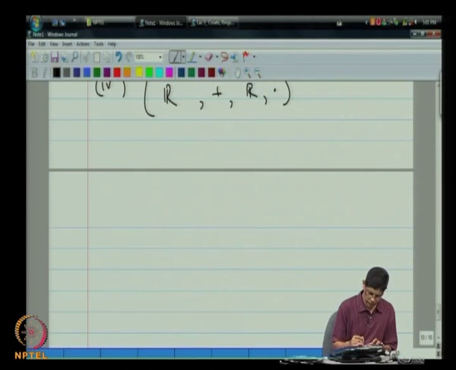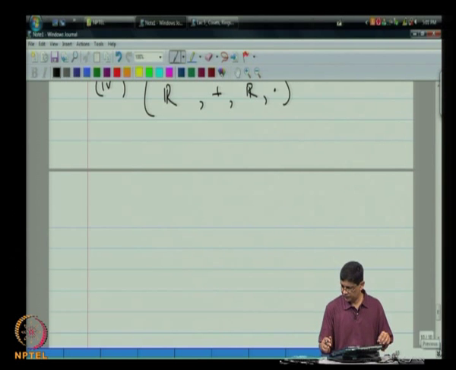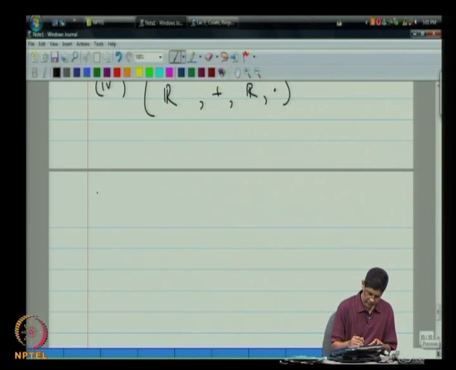Next we will list some derived properties.